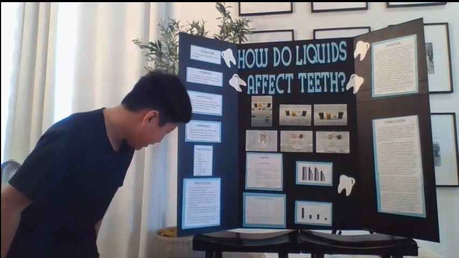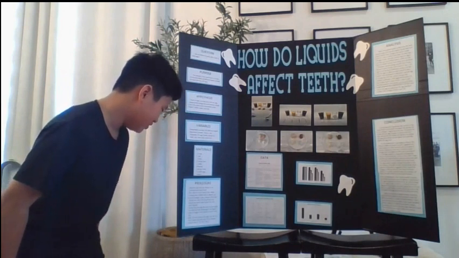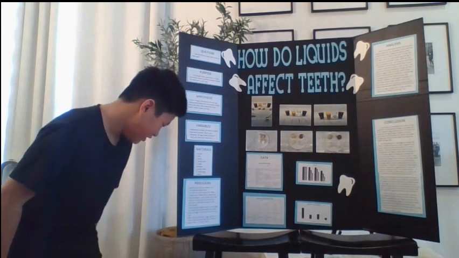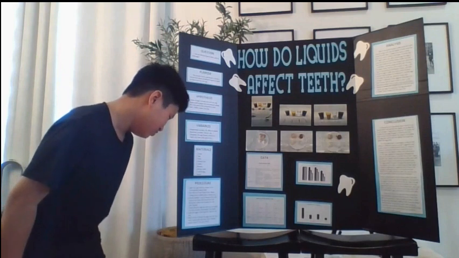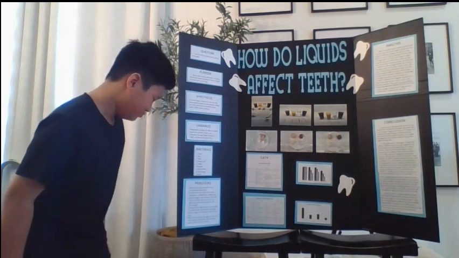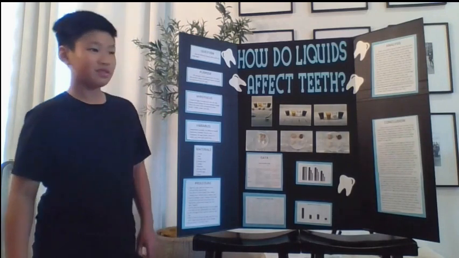Gently drop one of the eggs into the liquid and make sure they're fully submerged for the liquid to soak. Leave the eggs in their liquid to soak for 1 day. After 24 hours, remove the eggs from the cup with a spoon and take note of any changes. Repeat steps 6 and 7 for days 2 and 3.